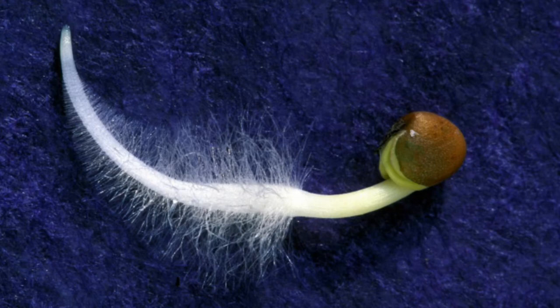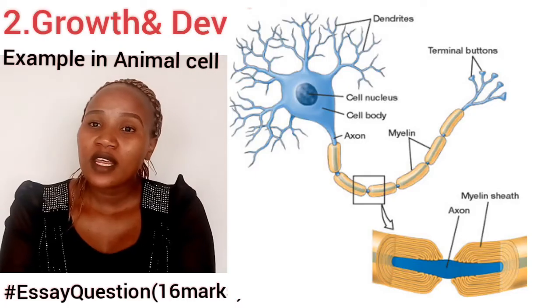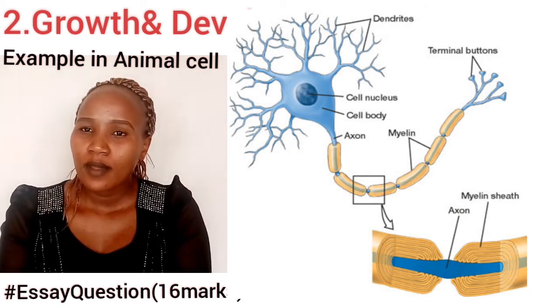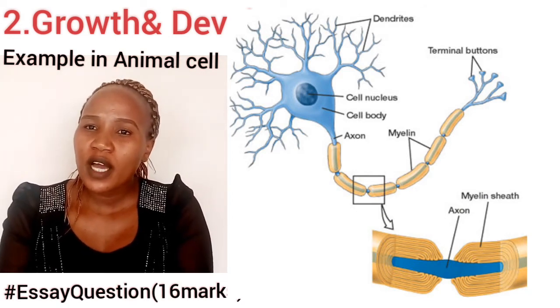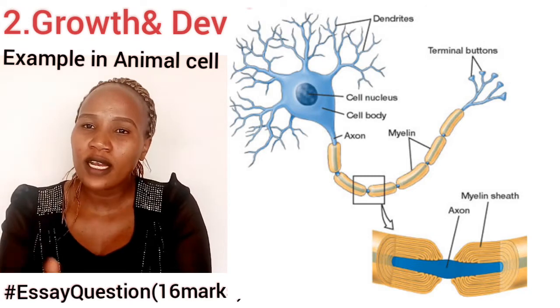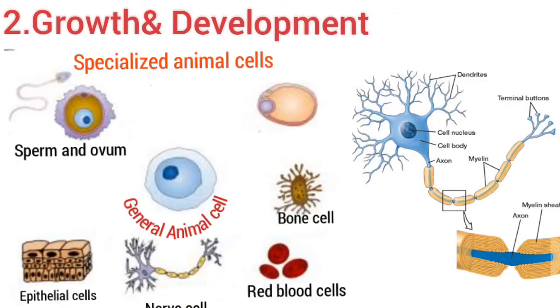Maybe another example, we can talk of the nerve cell. From the knowledge we have of the cell of an animal and the nerve cell, if we try to compare the two, they are very different. And the nerve cell has been modified, has developed, has been differentiated.